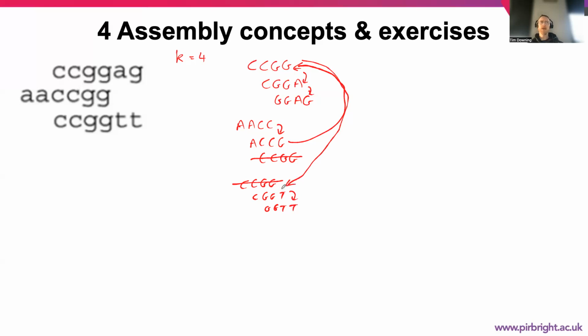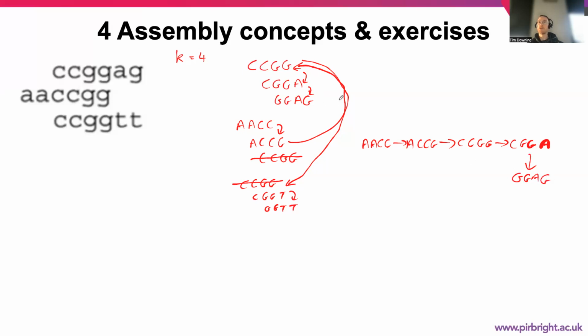And then we can look at other instances where they might overlap. However, I don't think I see any here. So using these paths, we can reconstruct a single path. We might start with A, C, C, which connects to A, C, C, G, and that connects to the one above, C, C, G, G, and that connects to C, G, G, A, and that connects to G, G, A, G here.